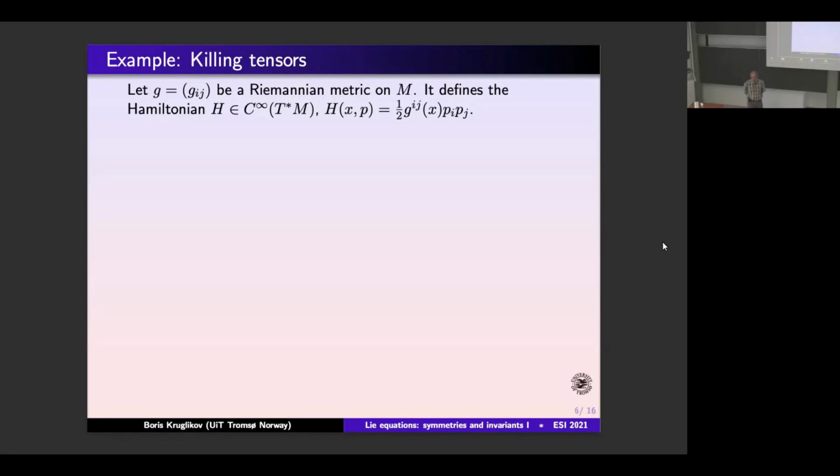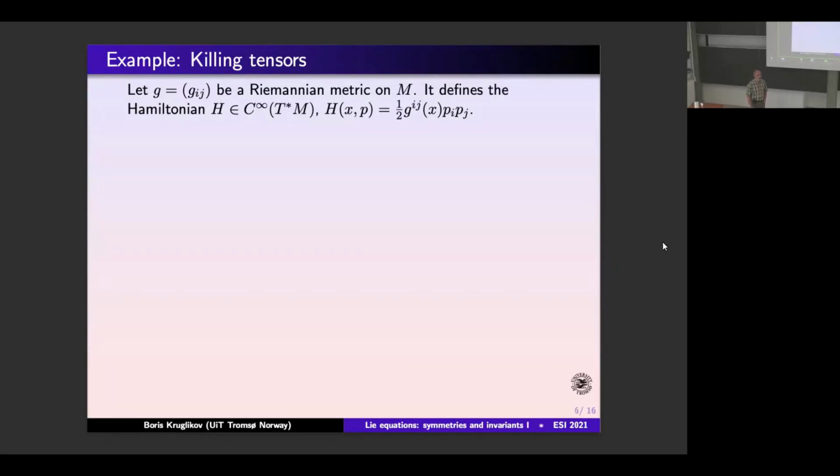Here's the formula, and the Hamiltonian is a function on the cotangent space, quadratic in the momenta, where p is the momenta and (x, p) are standard canonical coordinates on T*M. We have on T*M the symplectic form, and therefore it defines for us the Hamiltonian system flow. Whenever we project trajectories from T*M to M, they are geodesics. So that's the Hamiltonian setup to study geodesics.